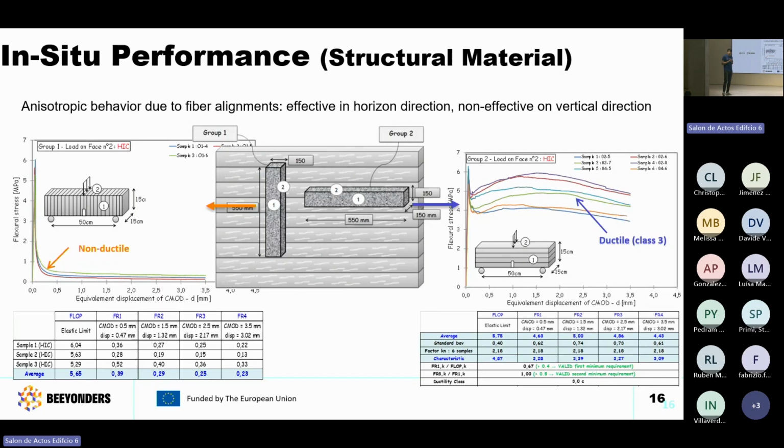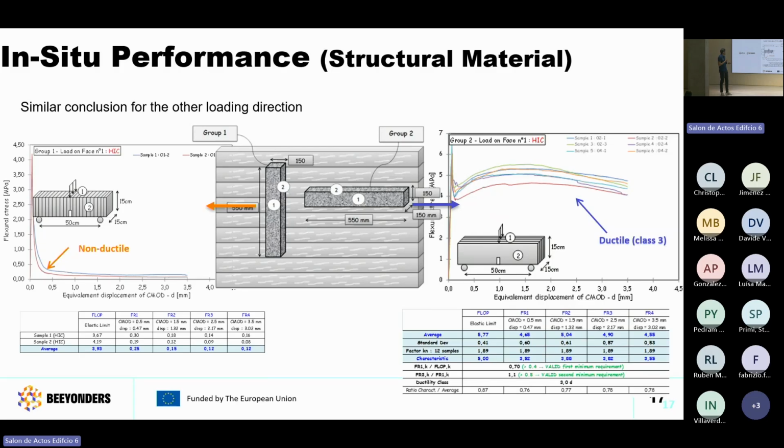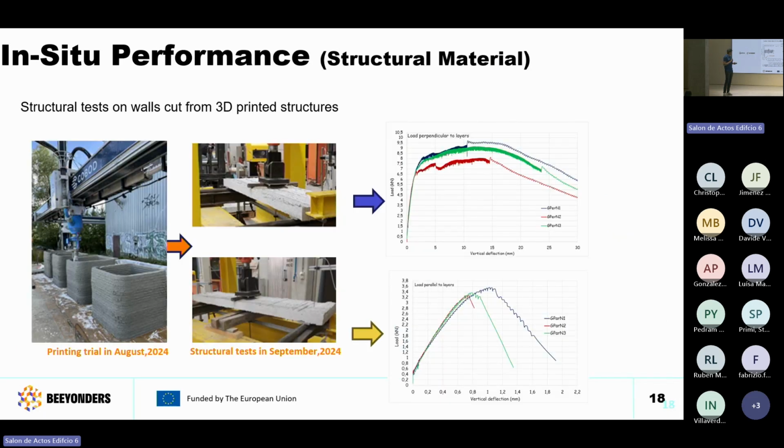Basically, you have a very good ductility along the printing and extrusion direction, but vertically, the ductility is much less. A similar conclusion can be found when we test the samples at a different angle, always anisotropic.